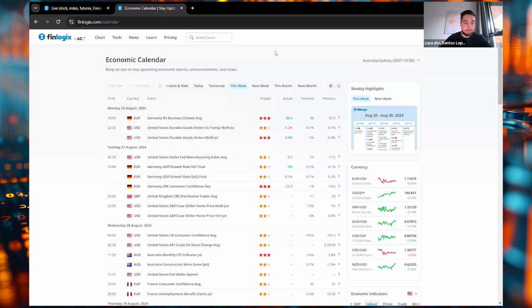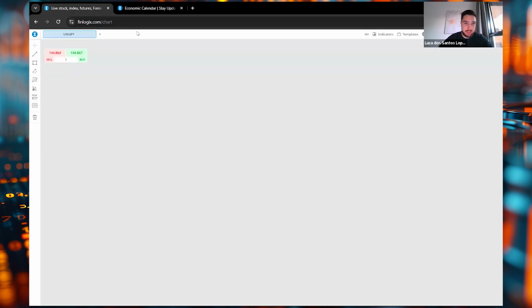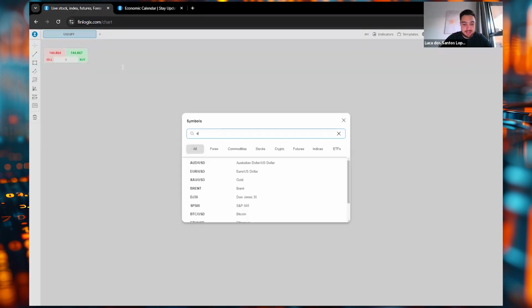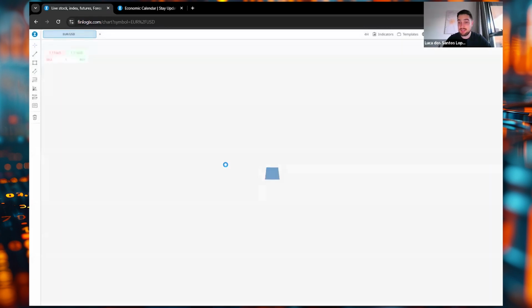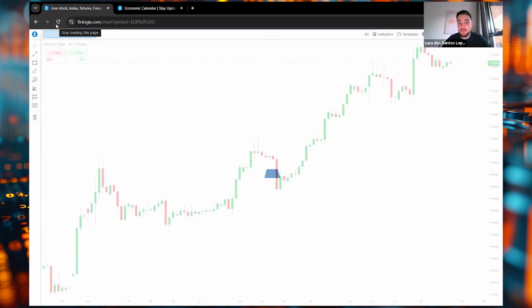For this week, I do expect a bit of volatility. I wasn't expecting volatility last week, and we can actually see here on euro dollar that we only had volatility in the last day of the month.